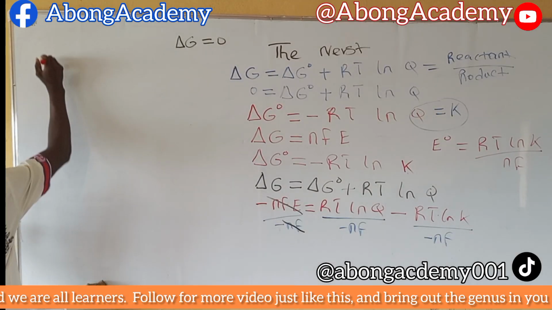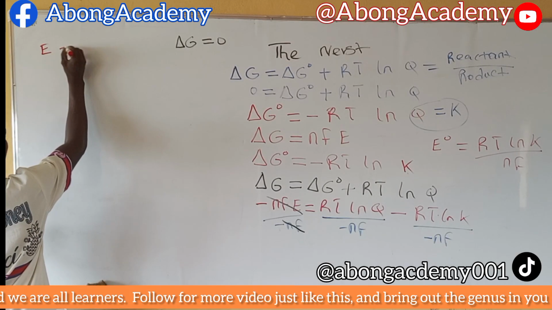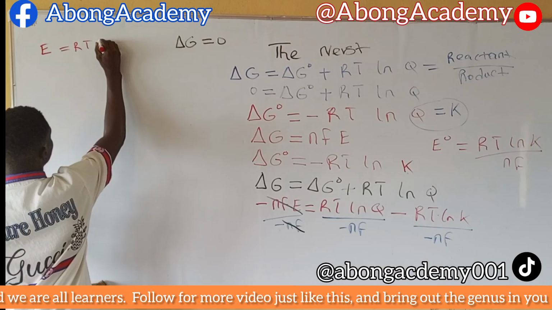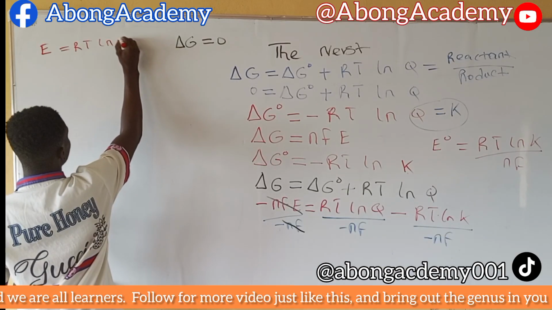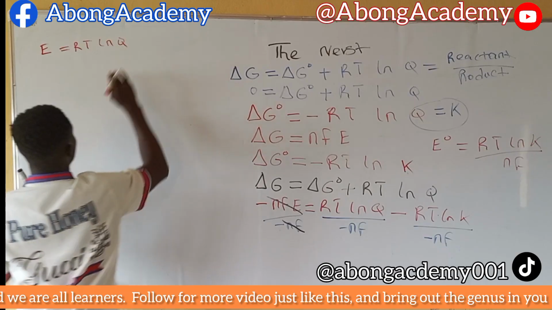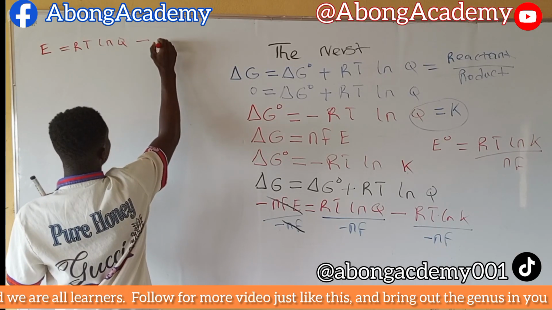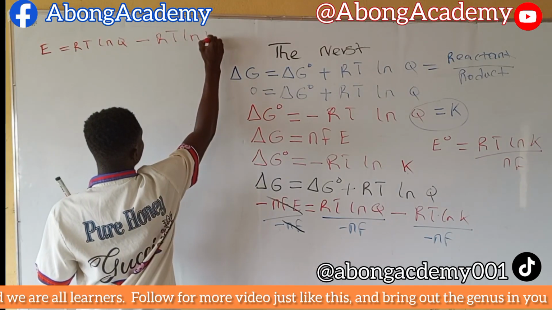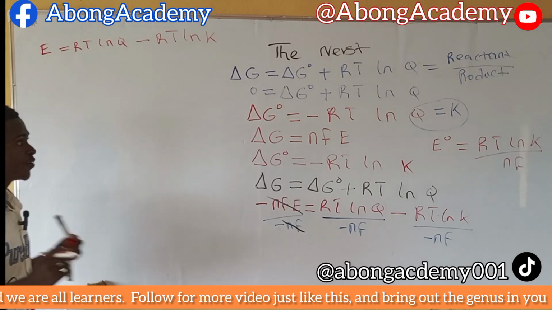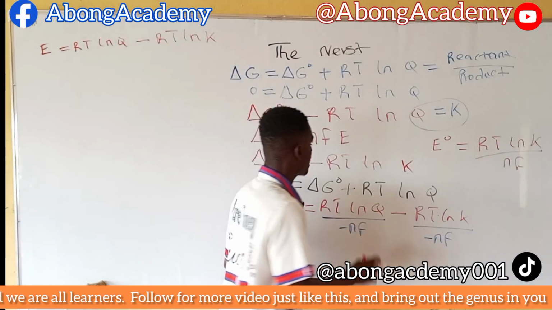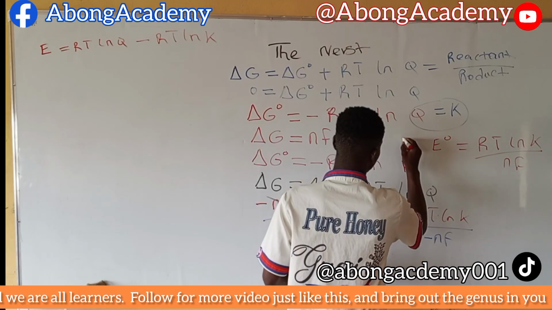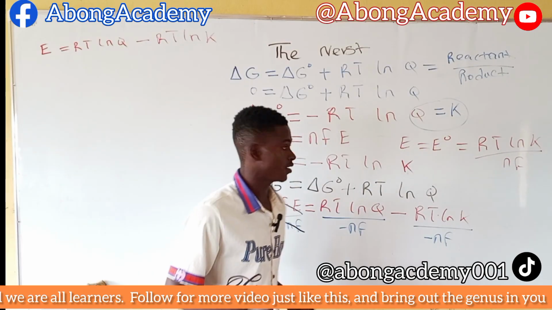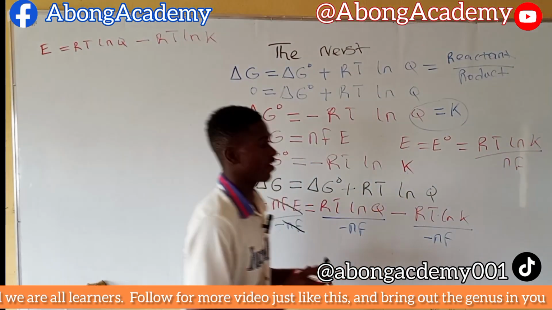We are left with E equal to RT ln Q minus RT ln K. And if you remember vividly, we said that at equilibrium, E is equal to E standard, which is RT ln K.